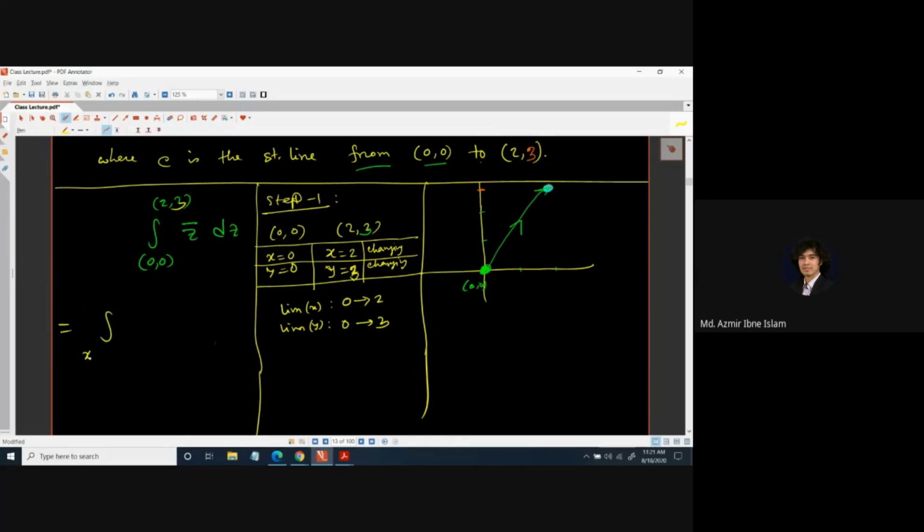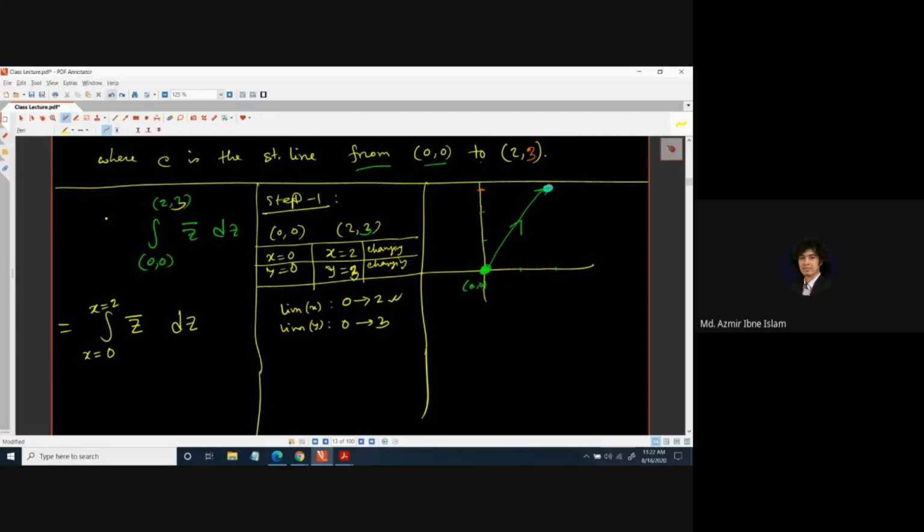So suppose I am taking x. If we take x, then the limit of x will be 0 to 2, and the function is z bar, and we have dz. Since we have taken x, dz should be converted to dx. Is that okay?